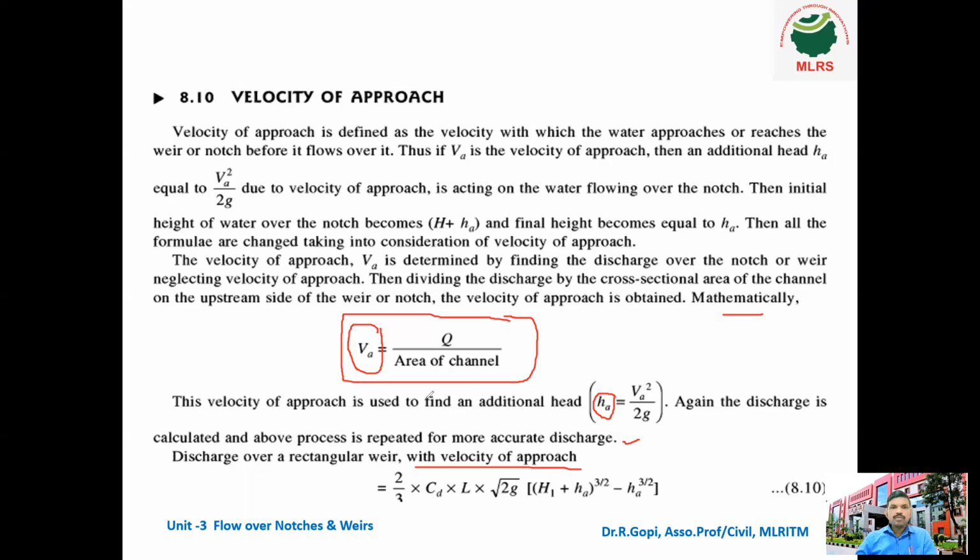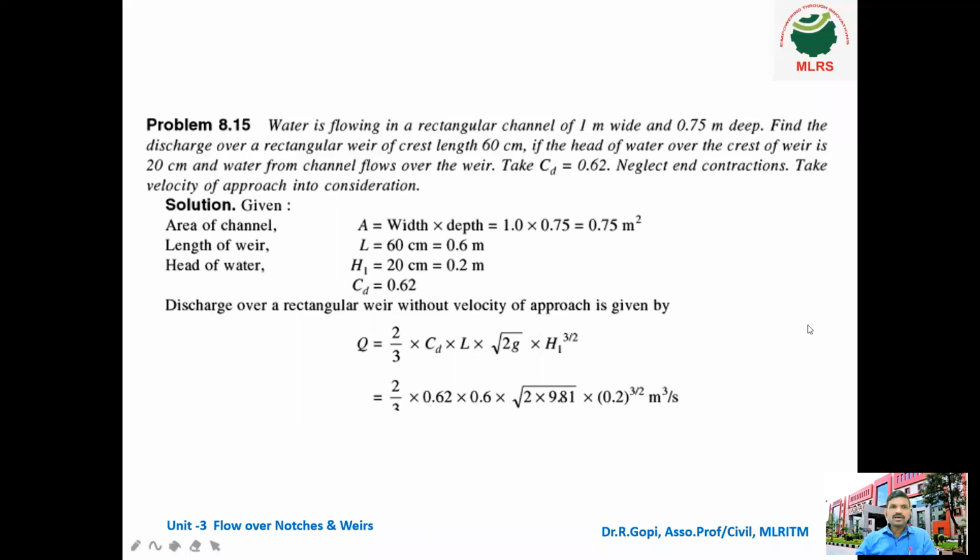That means 2 by 3 Cd L into root 2g, into (H1 plus HA) power 3 by 2 minus HA power 3 by 2. So this is the formula for a rectangular notch. Similarly for a triangular notch, we also have H power 5 by 2, which we will see next.